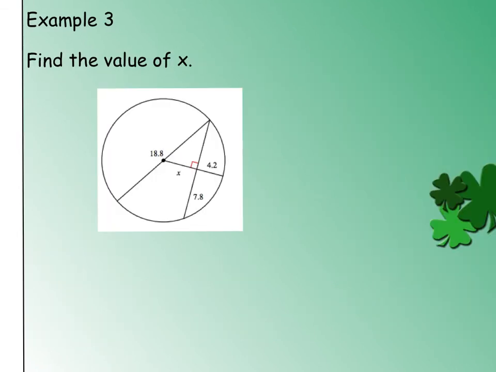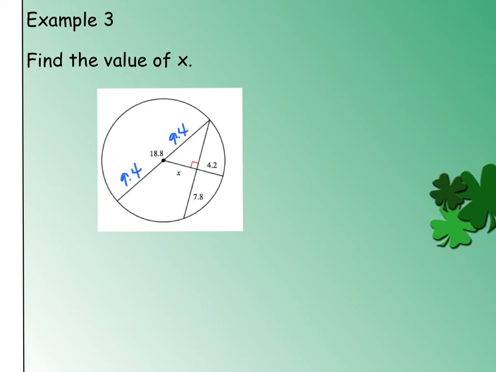In this next example, we're looking for the value of x, and there's a lot of extra lines in here that make it look a little more confusing than it really is. I'm going to focus in on the diameter that's given, that is 18.8 units long. So my radius is going to be half of that, so my radius is going to be 9.4 units long.